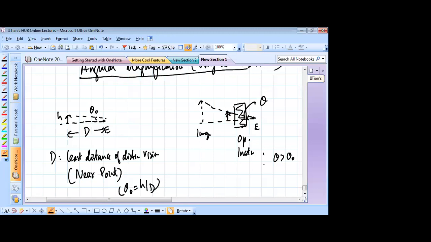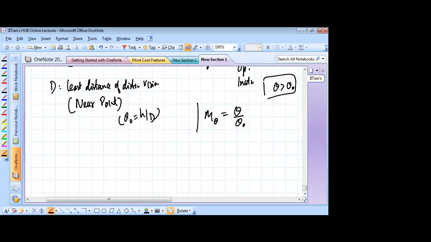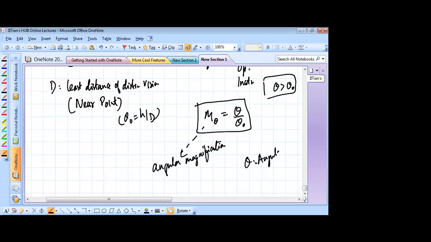So then the angular magnification is denoted by this symbol m theta. That becomes theta with the instrument divided by the maximum theta without any instrument. This is called the angular magnification, where theta is the angular size as seen through the instrument.